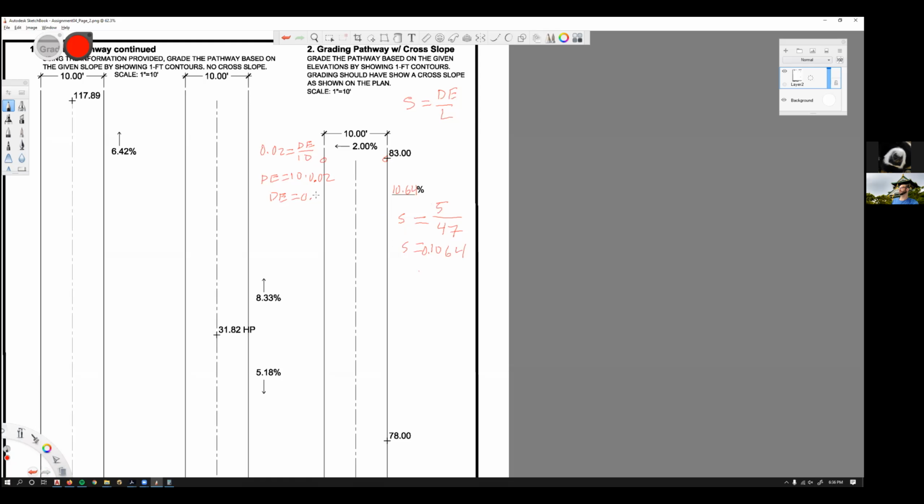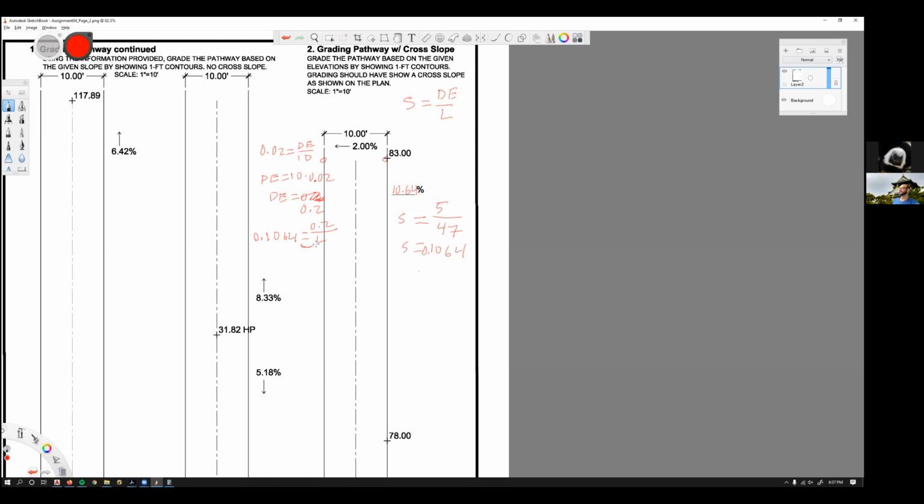Gosh, my pen is freaking out on me. So we're going to take this difference in elevation now and plug it back into the slope formula using the longitudinal slope. So we have our 0.1064 equals the DE, which is, sorry, that's kind of messy, 0.2, over L, which we're trying to find.